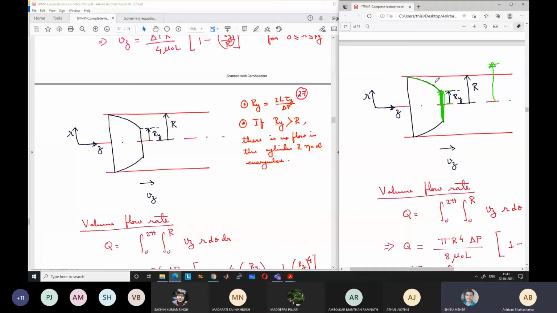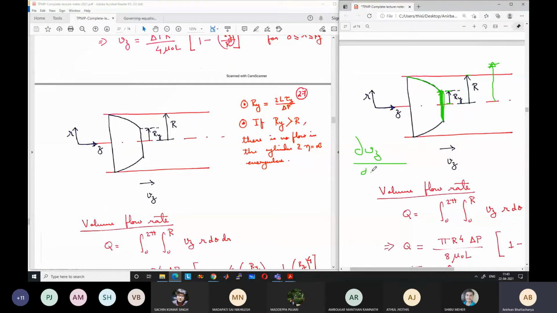If the delta P is sufficient, yes, tell me. Will it move like a solid cylinder? No, it won't move at all because of the boundary condition. If the critical radius is greater than R, there cannot be any flow, so del Vz del r has to be equal to 0 everywhere.